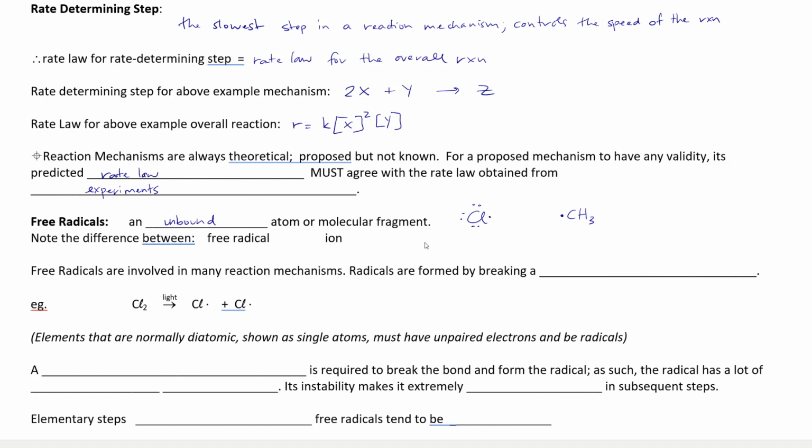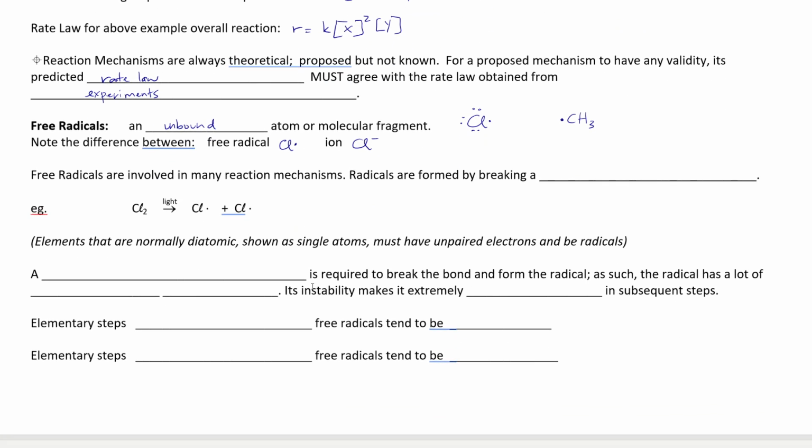We use the notation, instead of drawing all the various lone pairs, we usually just do one dot. Conversely, if we look at the ion, it has a complete outer shell. We do Cl with the charge, right? But for the free radical, it's Cl with the dot there, meaning an unbound electron.